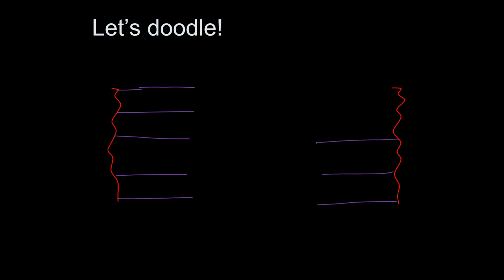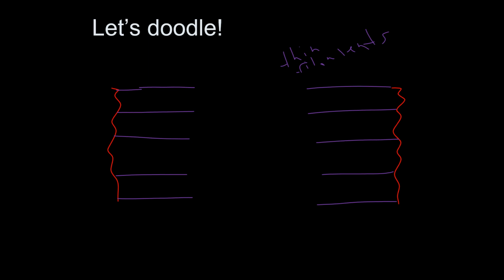These things that we are doodling on here right now are called thin filaments. They are primarily going to be made out of the protein actin. But there's going to be some other regulatory proteins that are going to be found on there.